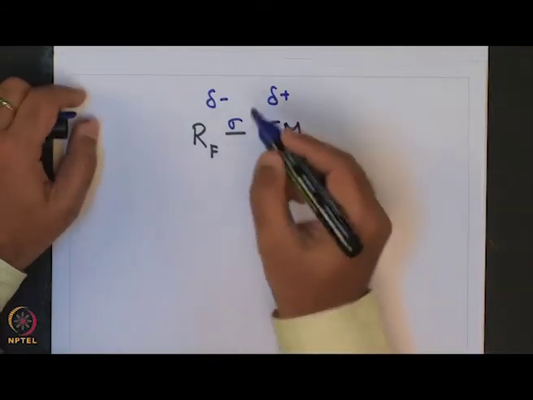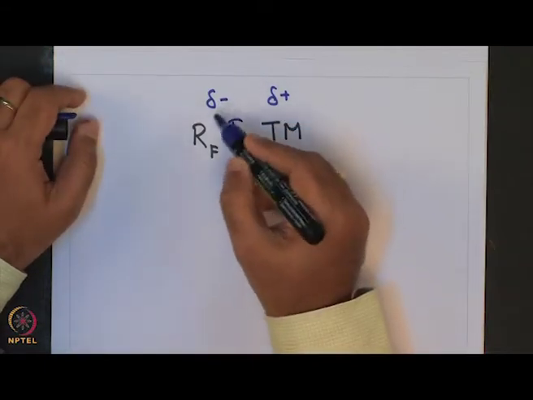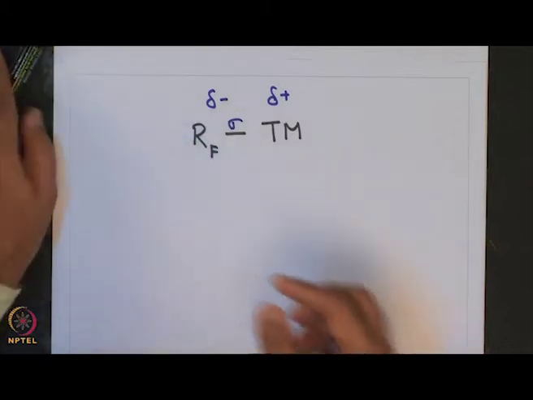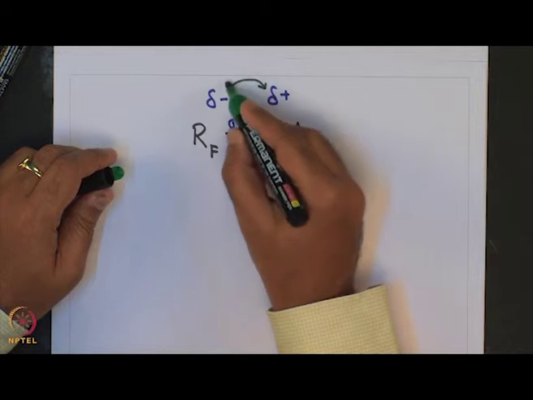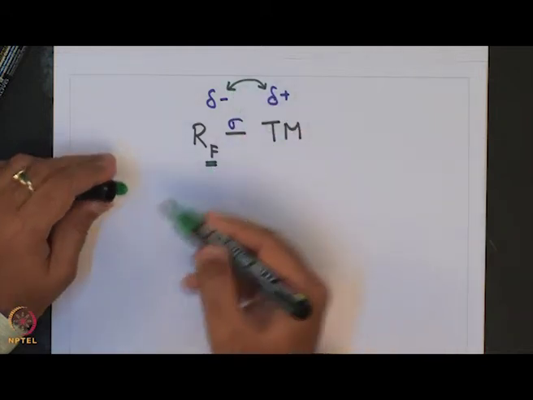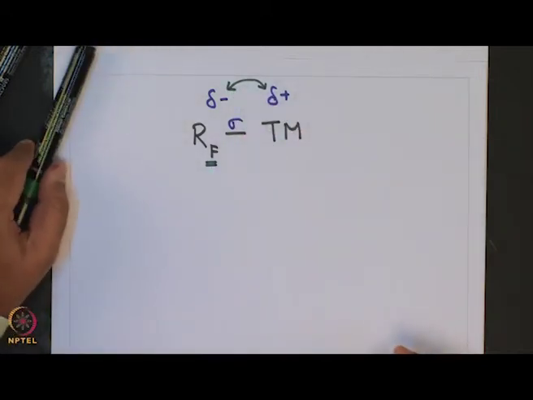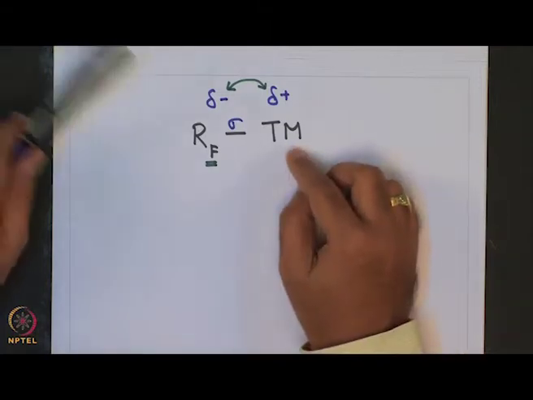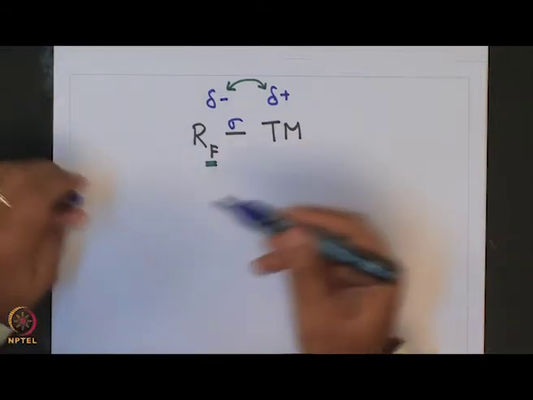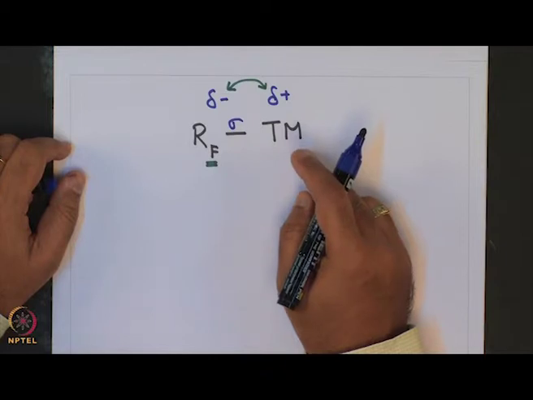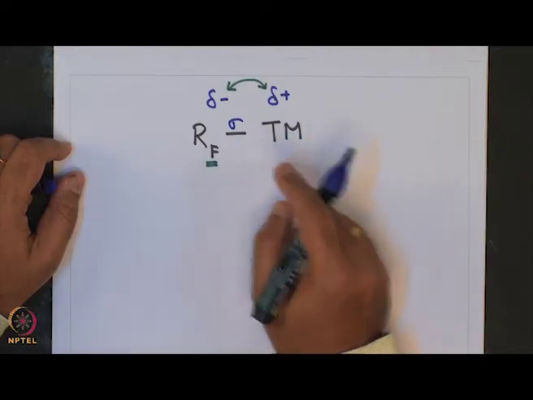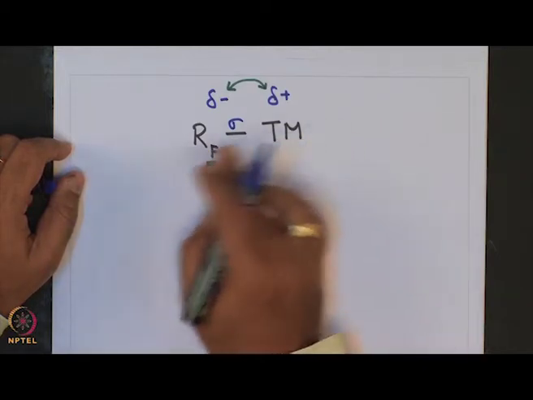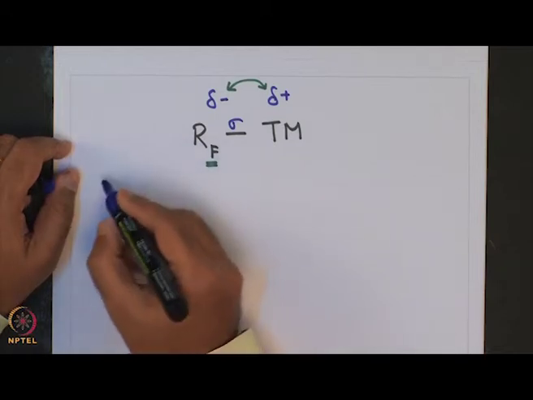As this bond becomes more polar owing to the presence of the fluorine, the metal becomes partially more positively charged, which results in contraction of metal orbital, thereby increasing the overlap between this metal C bond.